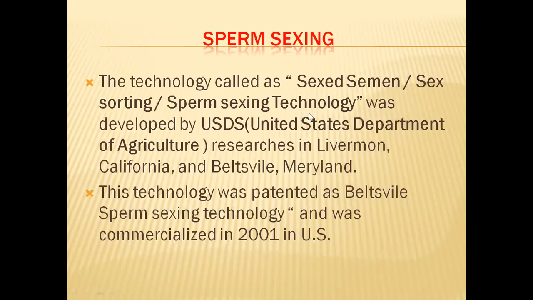This is a very new technology. Mostly this technology is being used in the dairy industry. It was developed by an agency called USDA, the United States Department of Agriculture, a government department of America.